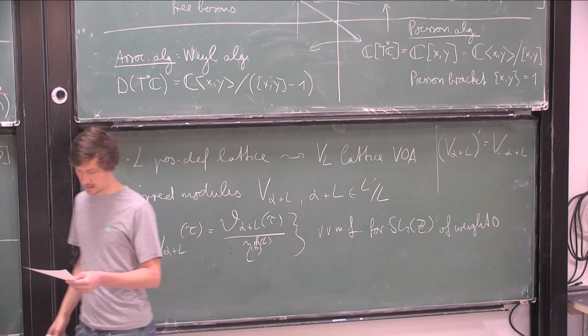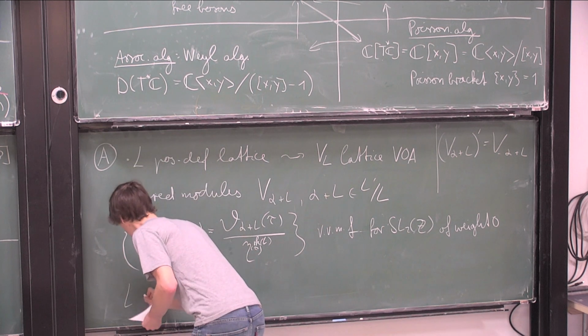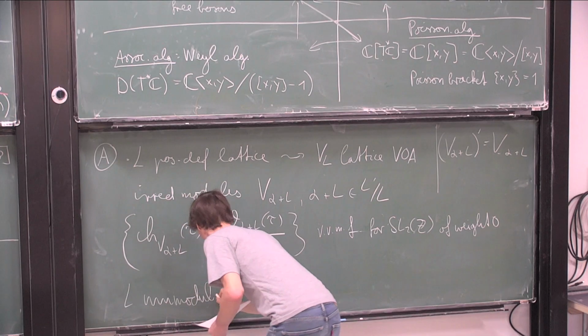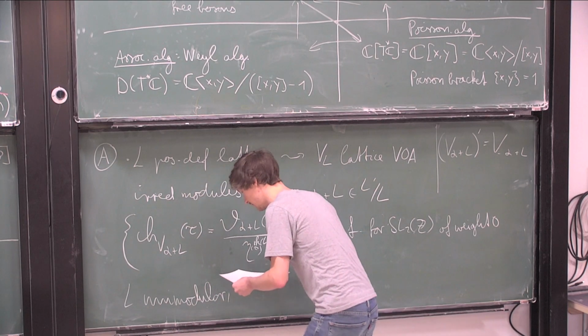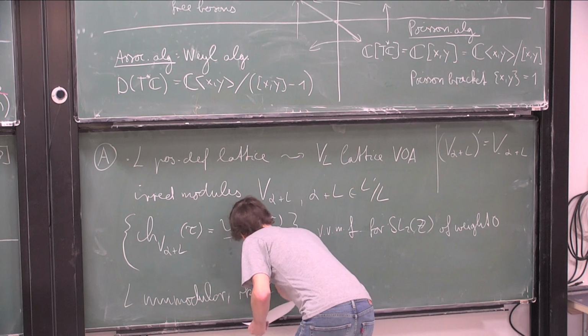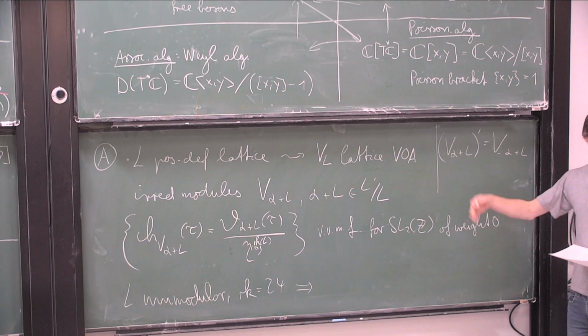Yeah. Right. And yeah, if L is unimodular, and let's say of rank 24, well, then you just get the J function plus some constant. Yeah?